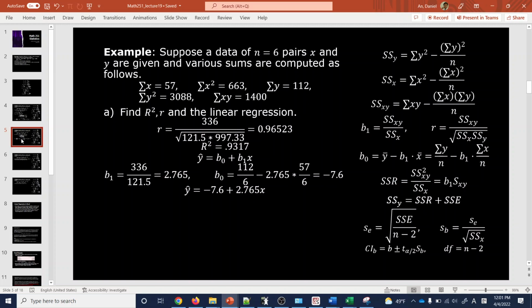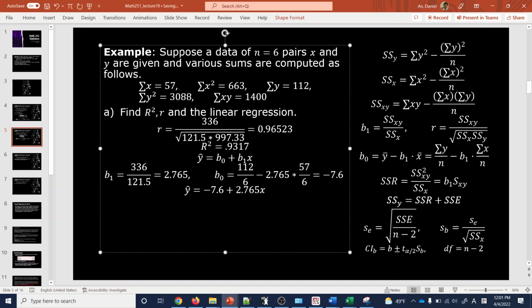Now, for part B, you need to do the rho test. And to do the rho test, you need to calculate the test statistic. You will be given this test statistic for the rho test.